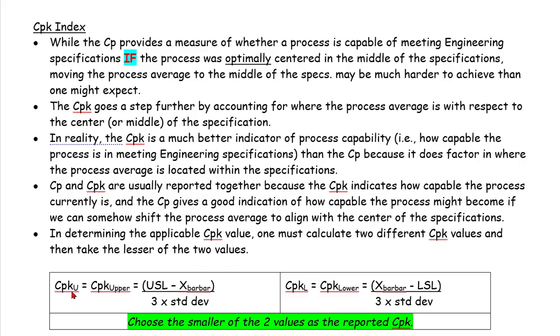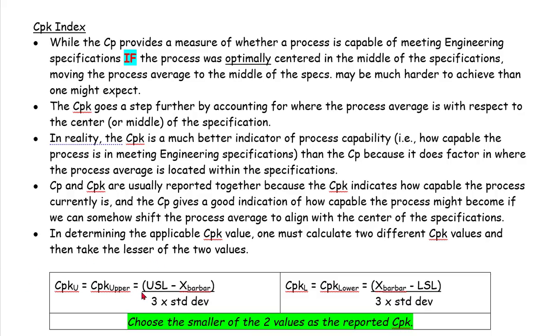CPK upper, relating to the upper side of the spec, is equal to the upper specification, not control limits, minus your X bar, your average of your averages. And in this case, we're dividing by 3 times the standard deviations, not 6 anymore. The CPK lower is the X bar minus the lower specification limit divided by 3 times the standard deviation.